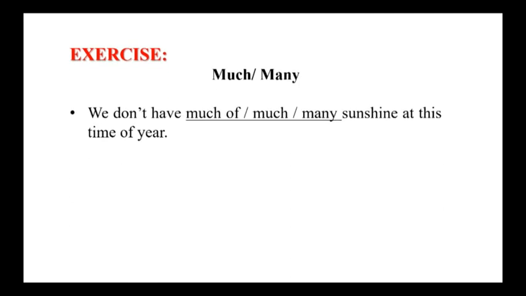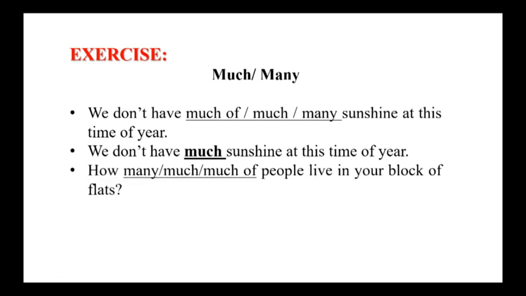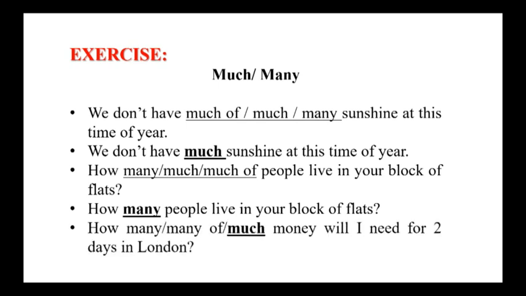Again, much or many. We don't have much sunshine. Much sunshine, jer je sunshine nebrojiva imenica. How many people live in your block of flats? Pa, to je jedino logično, jer much of ne postoji kao oblik ispred people. How much people ne može, brojiva imenica. I ovdje je također još jedno rješenje.